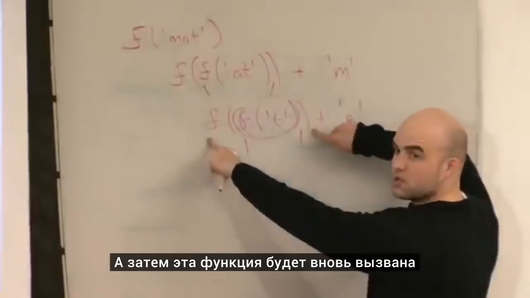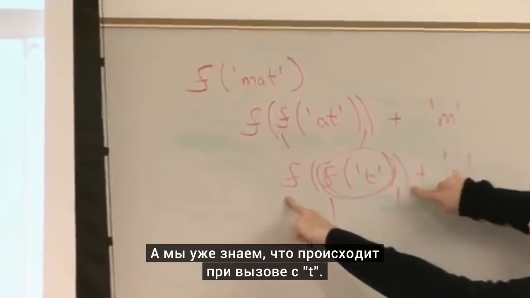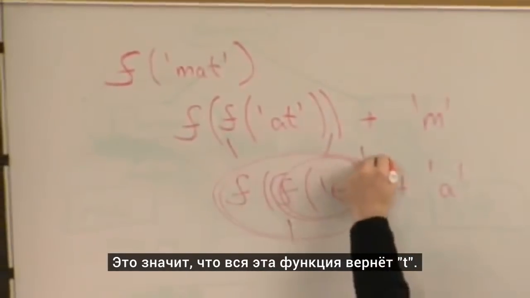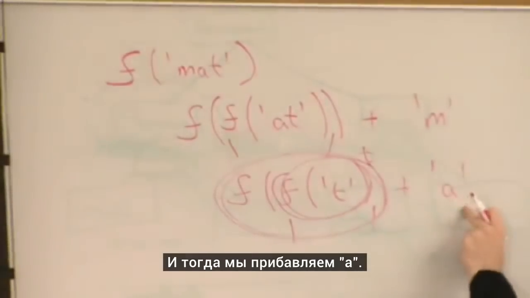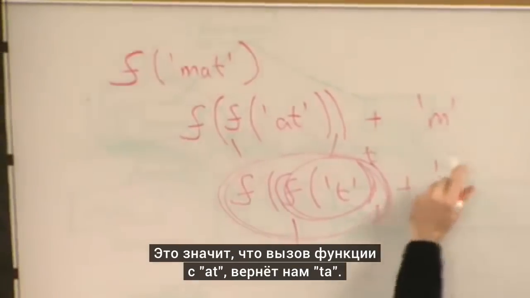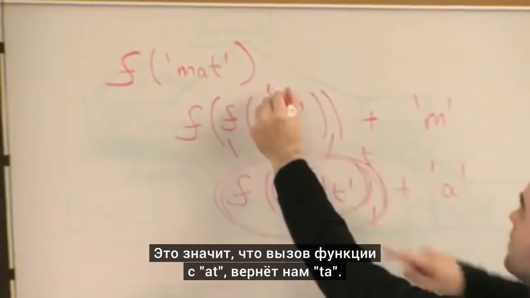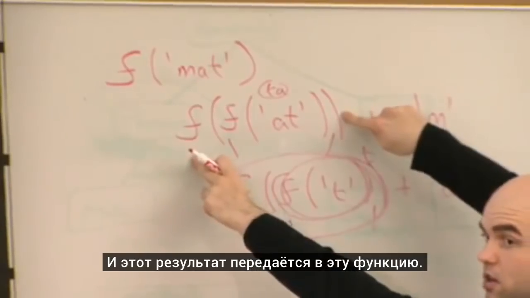And then this function is going to get called with t again. And we already know what happens when you pass it t. That means that this whole function here results in t, right? And then we tack on the a, so that means this function call at returns ta, and then we pass it into this outer function here, all right?